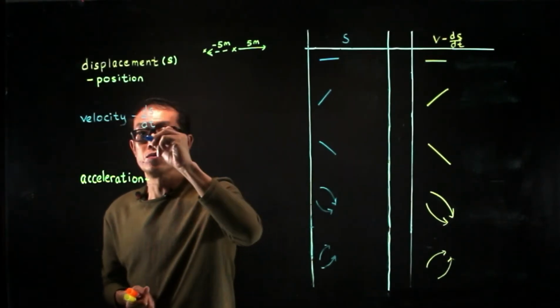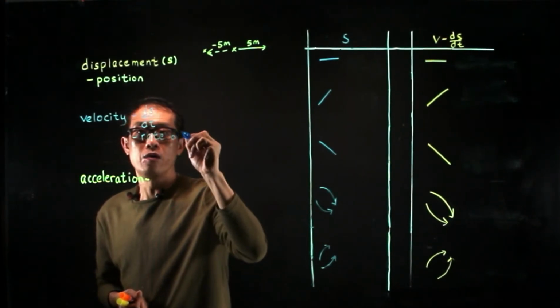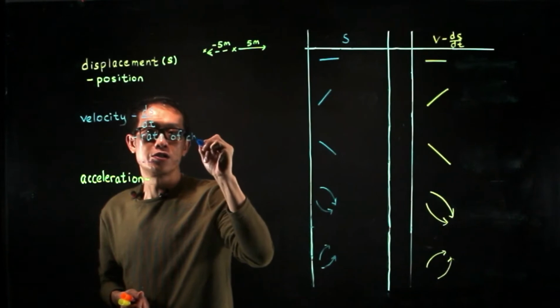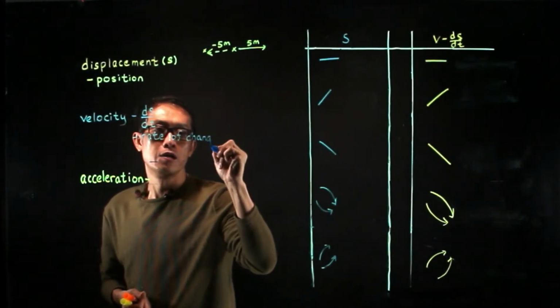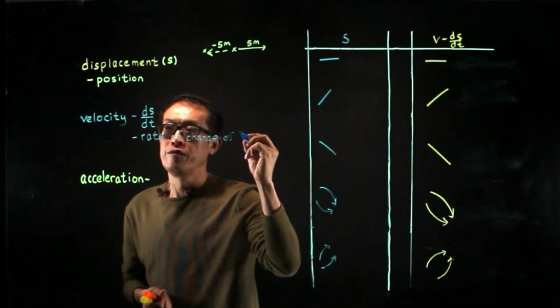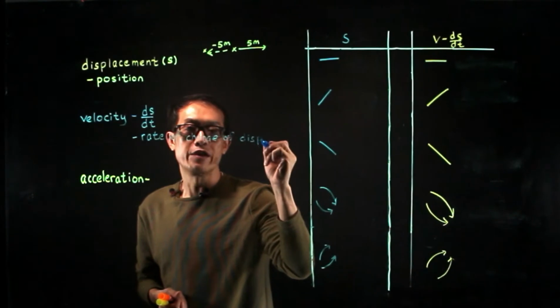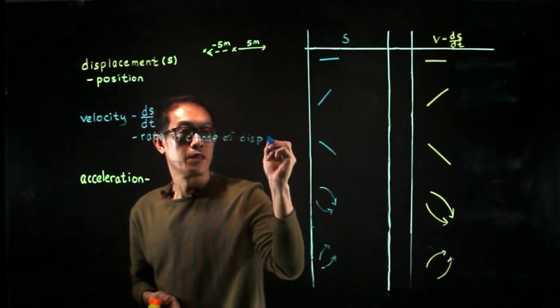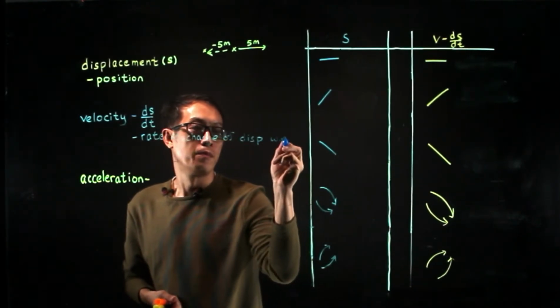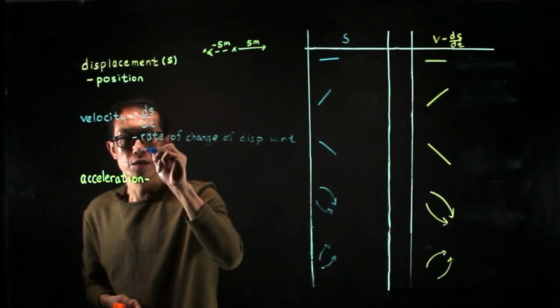Okay, so it is the rate of change of displacement with respect to time. Right. WRT is with respect to time.